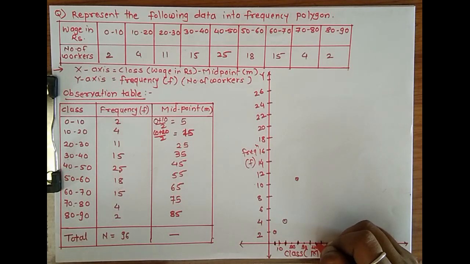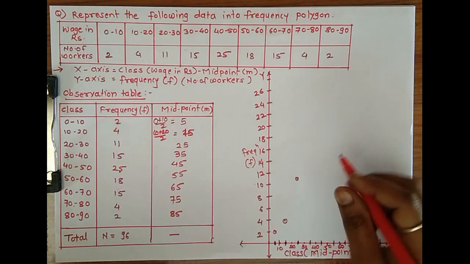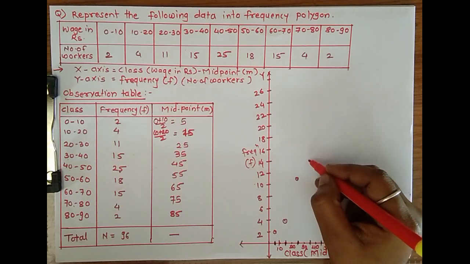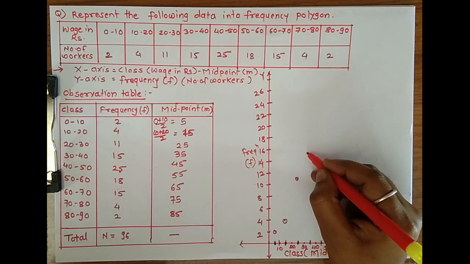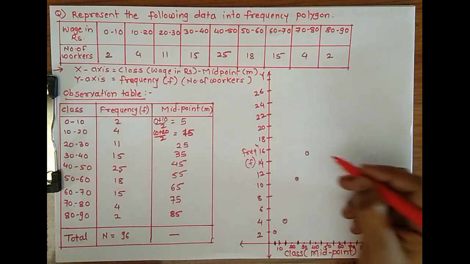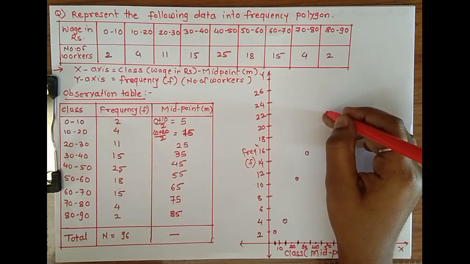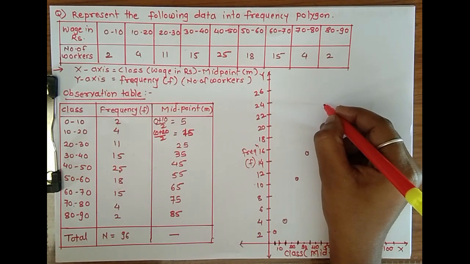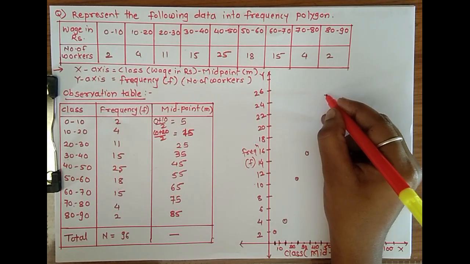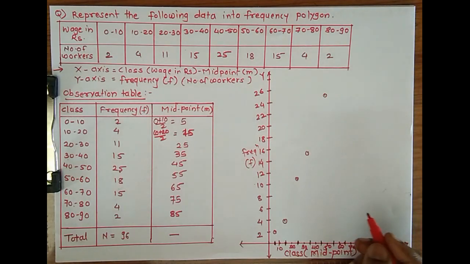Next, 35 with frequency 15 is here. Next, 45 with 25 is here, with frequency 25, which is the middle of 24 and 26.